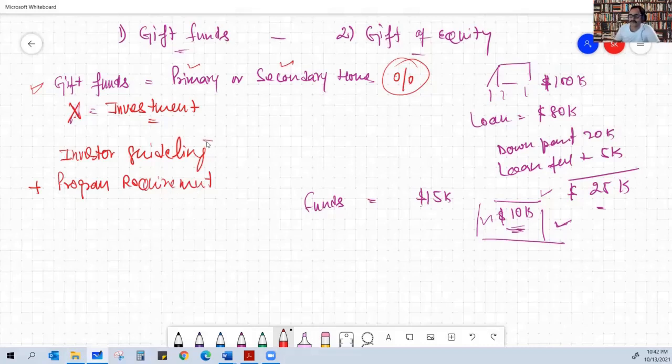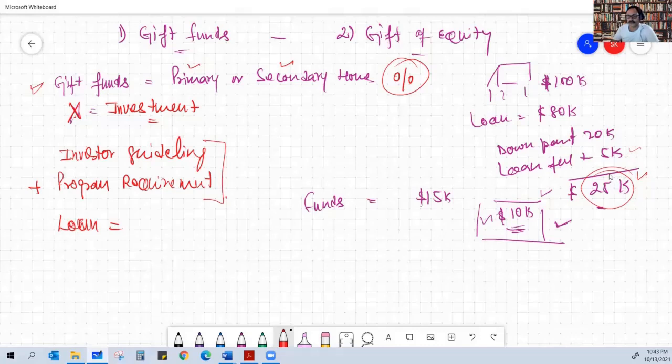Whenever we say investor guideline and program requirement, let's say in this example, 25,000 needs to be arranged to buy the property: 20,000 toward the down payment of the home and 5,000 toward the lender fee.